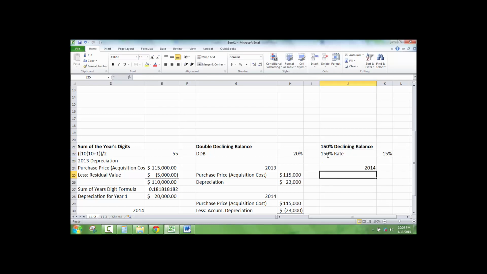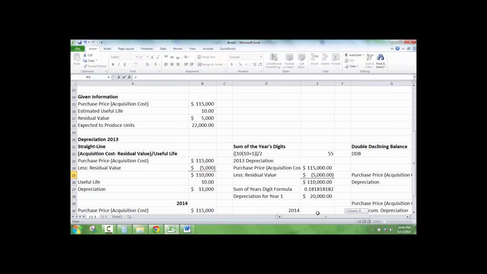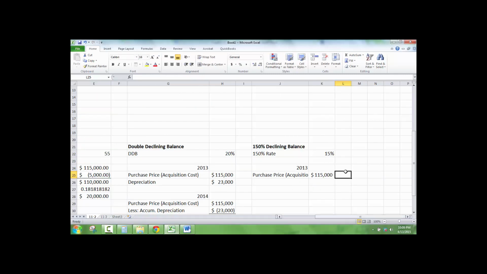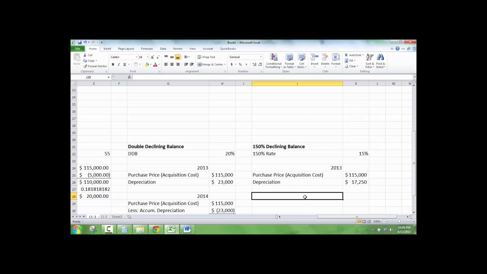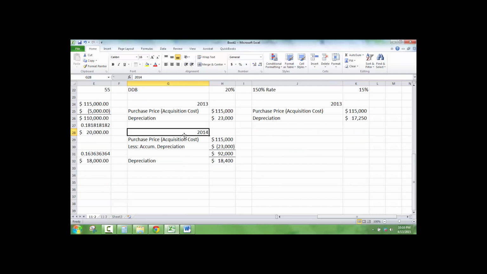So 2013, you take the acquisition price, which equals 115,000, and depreciation is 15% times our 115,000.